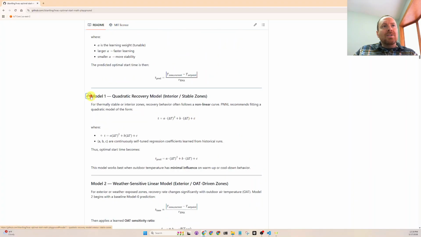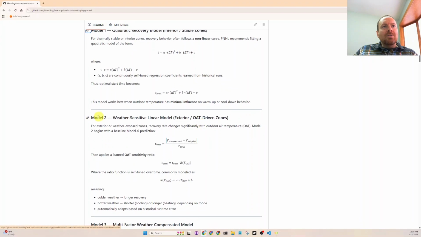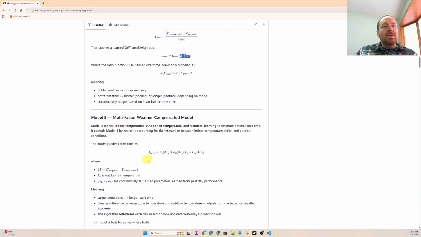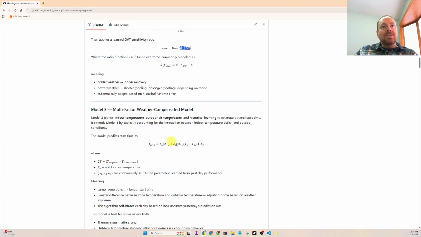Model 1 is a quadratic regression model that the researchers built. Model 2 is Model 0 plus this weather ratio, and I'm getting good results using Model 2. Model 3 also includes outside air temperature, and it's a multiple linear regression model.